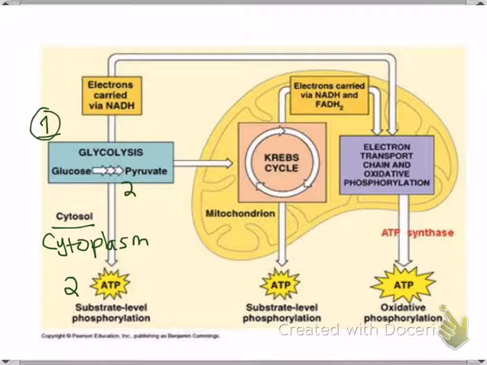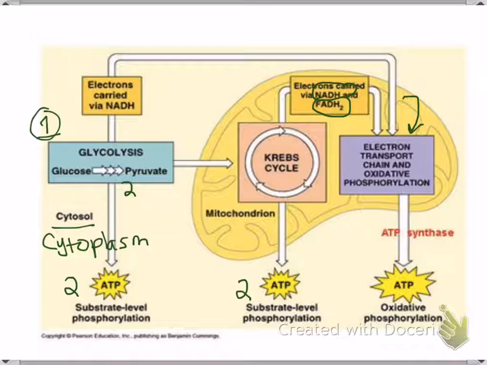In the Krebs cycle, we're going to take that pyruvate and produce 2 ATP, and we're going to produce these electron carriers NADH and FADH2. These electron carriers are going to be used in the final step in the electron transport chain.